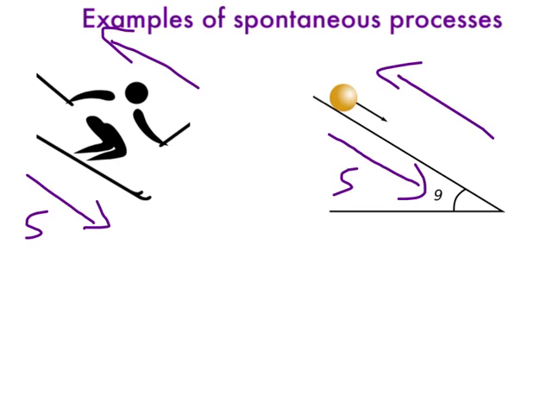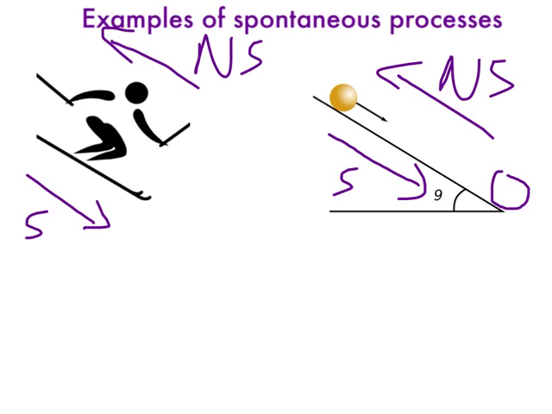In other words, if the skier skis all the way to the bottom of the hill and stands there, he or she will not move automatically back up the hill like they did going down the hill. Same with the ball. If you get the ball at the bottom of the hill and leave it there, it's not going to roll up the hill. So these are examples of non-spontaneous processes.